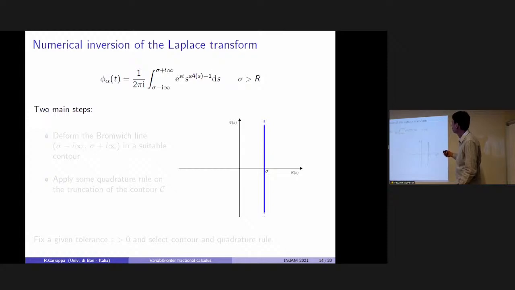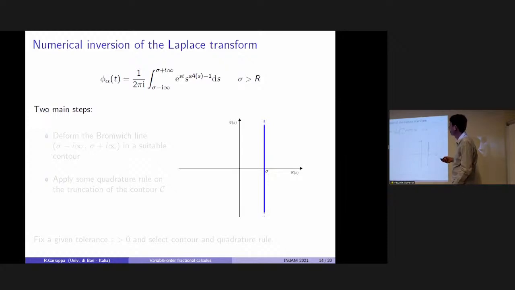Usually, we have to identify the region of convergence, which clearly cannot be identified a priori, but usually depends on the transition function. So the analysis must be tailored for any transition function, for any value of the function alpha of t. And how is the numerical inversion of the Laplace transform performed?